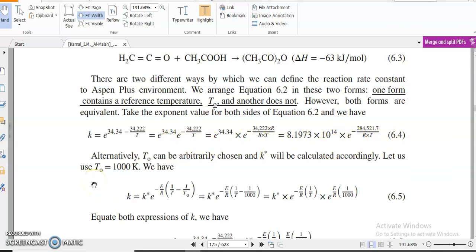Alternatively, the reference temperature can be arbitrarily chosen, and K will be calculated accordingly.